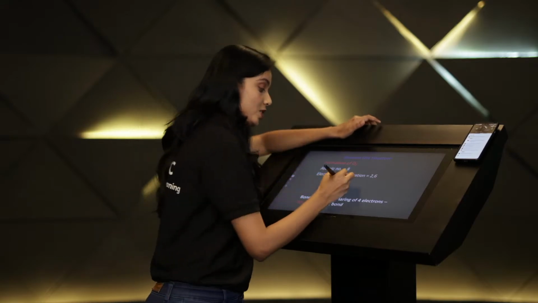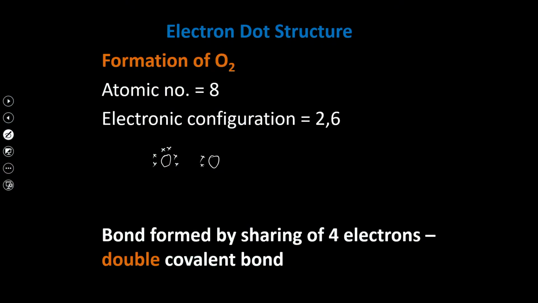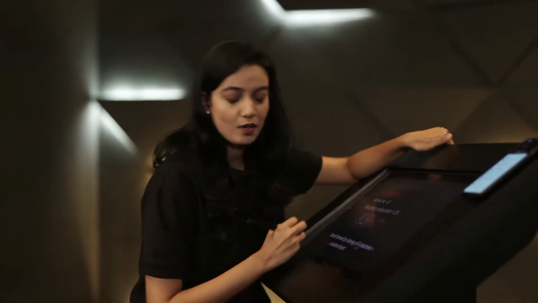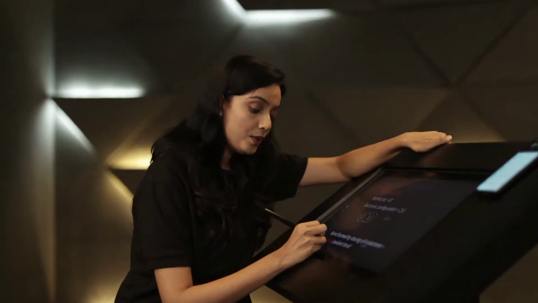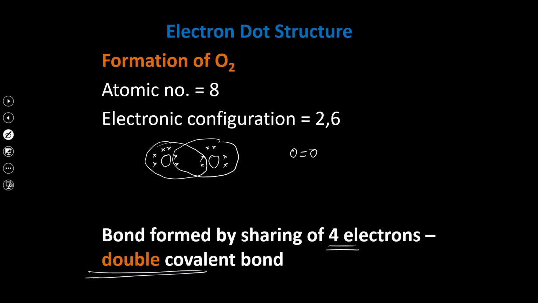So it combines with another oxygen which has 6 electrons in its outermost shell, and they both share electrons, and the oxygen molecule with a double bond is formed. Here the covalent bond is formed by sharing of 4 electrons, hence a double covalent bond is formed.